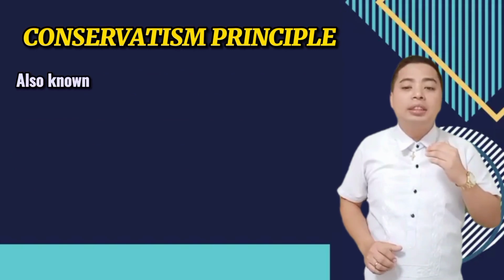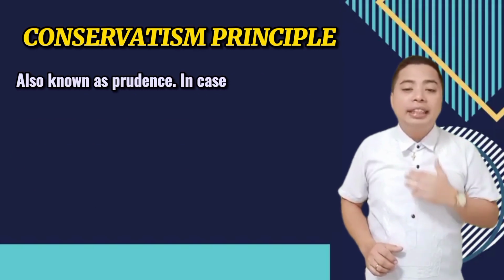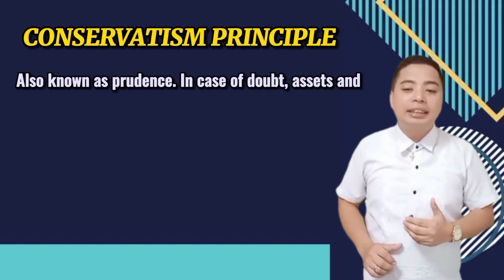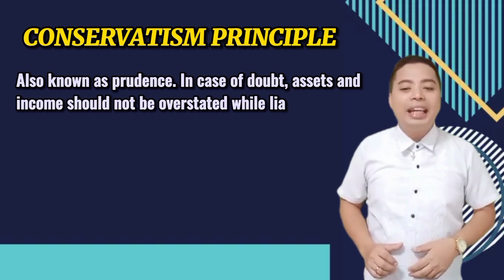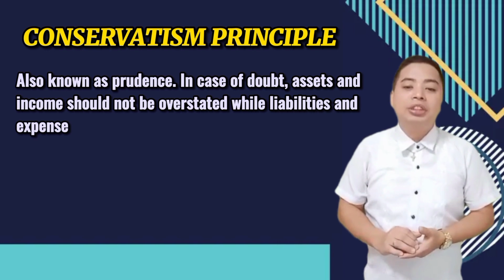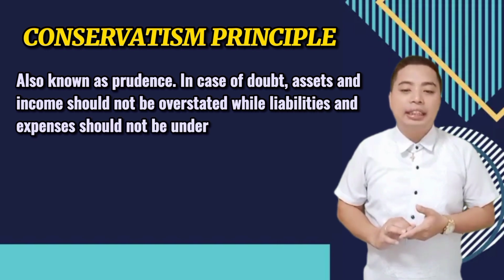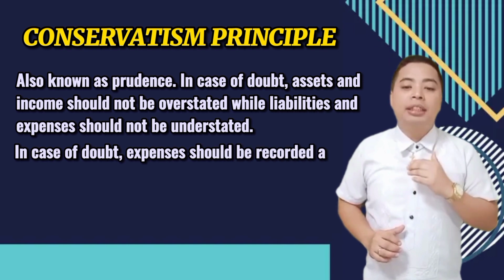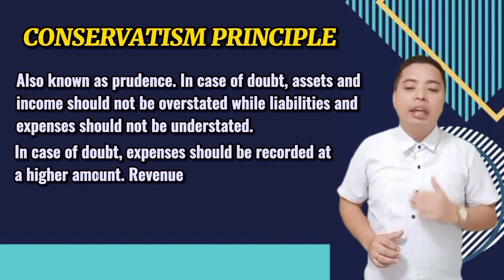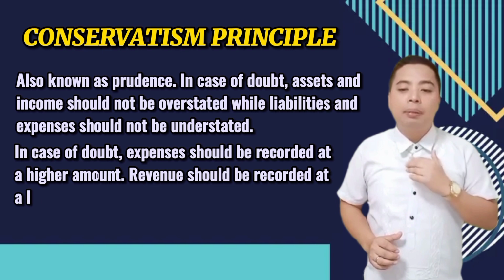Also known as prudence. In case of doubt, assets and income should not be overstated, while liabilities and expenses should not be understated. In case of doubt, expenses should be recorded at a higher amount and the revenue should be recorded at a lower amount.